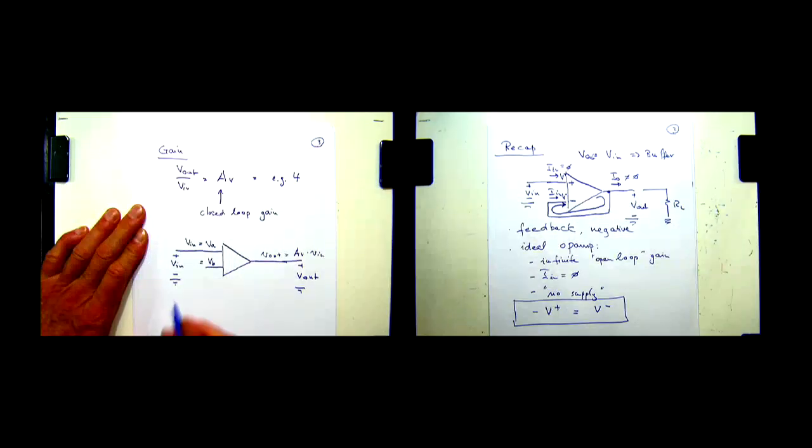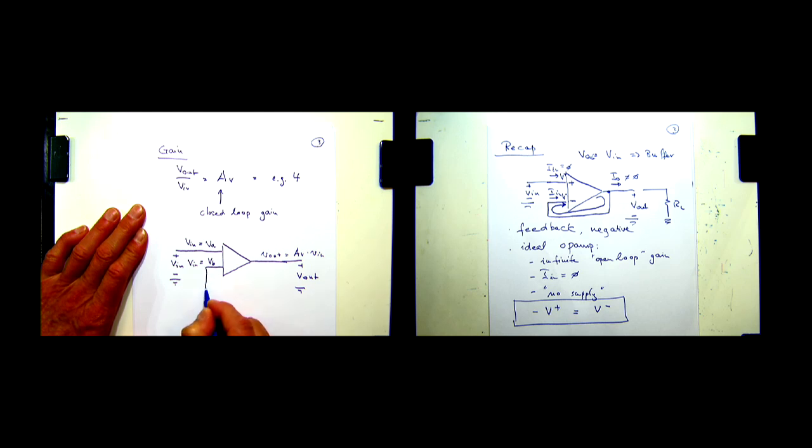Now, we haven't put in our negative feedback loop yet, okay? We're going to get there. But we know that if we're successful in creating a negative feedback loop, then these 2 voltages are equal. So in other words, VB is equal to how much? This is equal to V in.